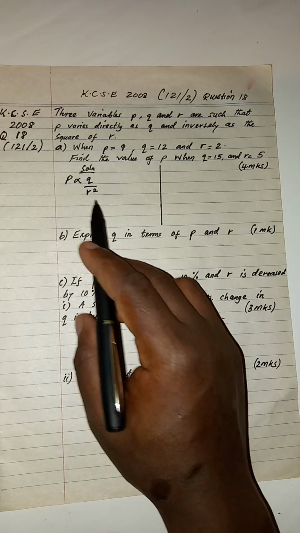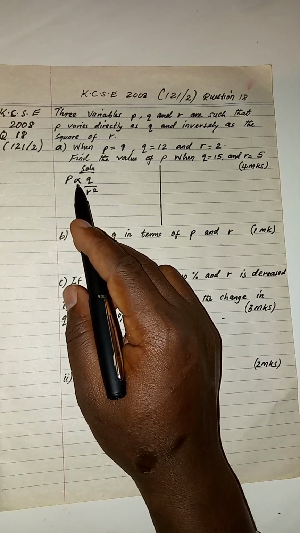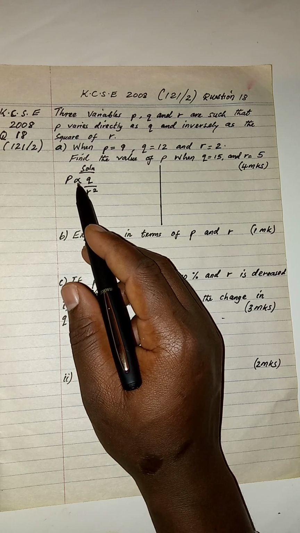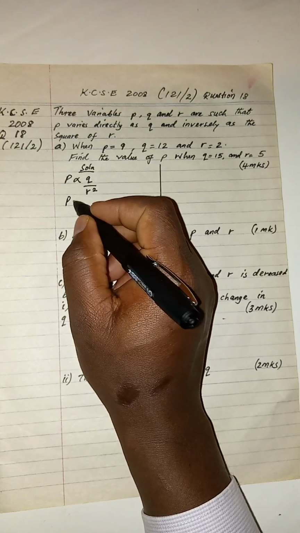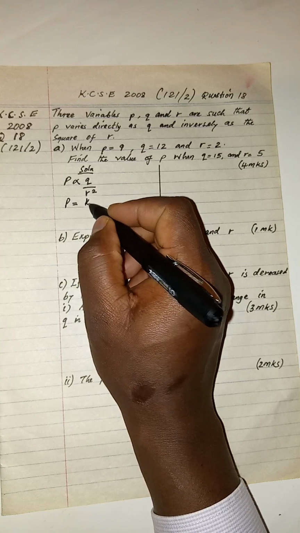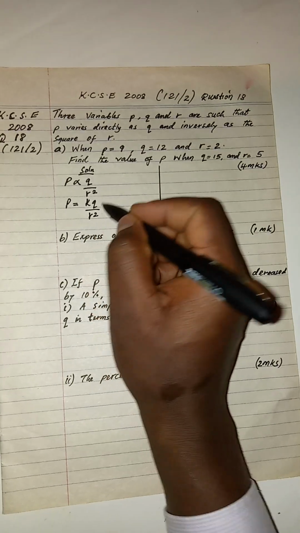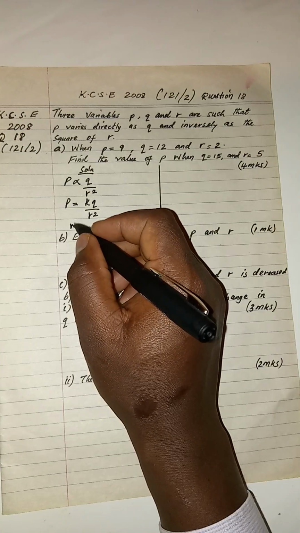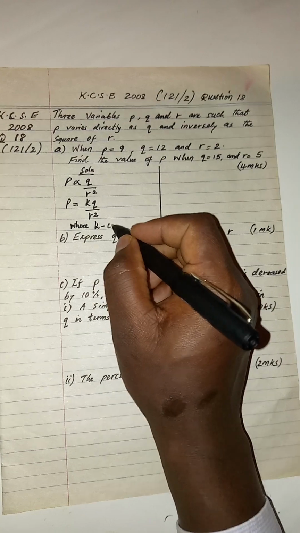We can write the equation from this statement by removing the constant of proportionality and introducing a constant. So we can simply say that P is equal to KQ over R squared, where K is our constant.